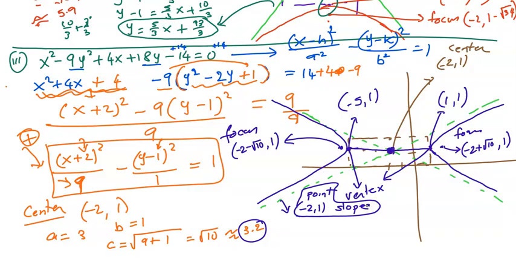So slope is 1/3. So y minus y1, y minus 1, equal to slope times x plus 2. So y equals ... x plus 2, and that's my asymptote, this one.